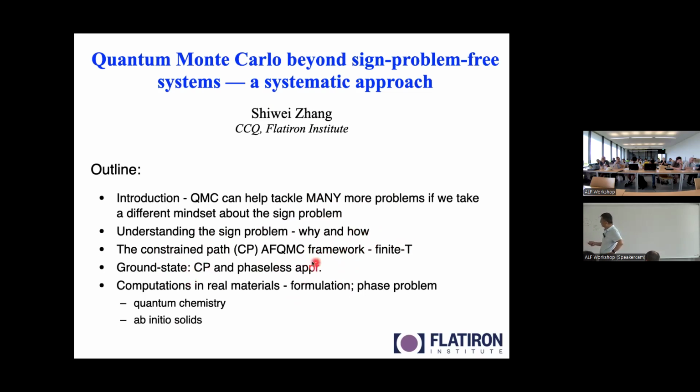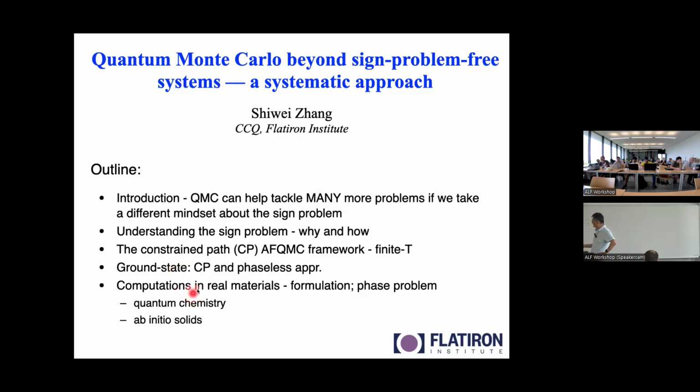Then, more briefly, I'll talk about the ground state. Historically, the ground state came first, but in the ground state I'll introduce how you think about real materials, how you think about long-range Coulomb interactions and multi-band interactions, how you decouple those, how a phase problem happens, and how you deal with the phase problem.